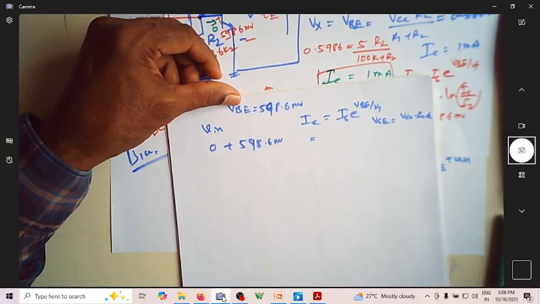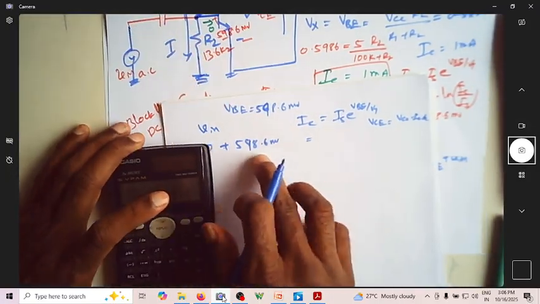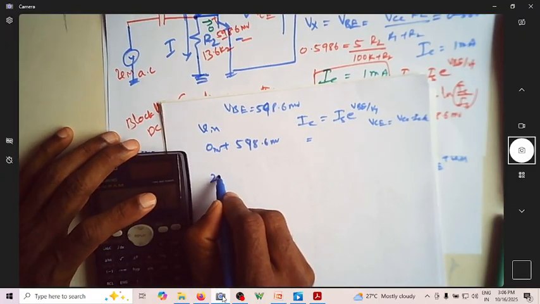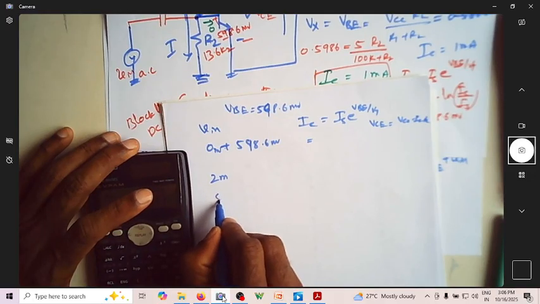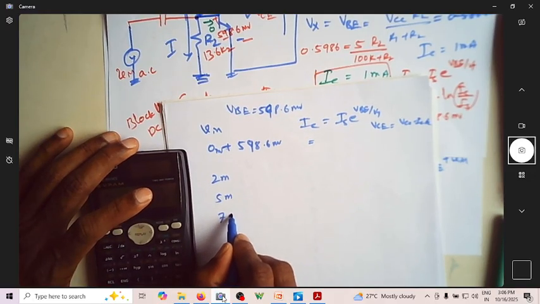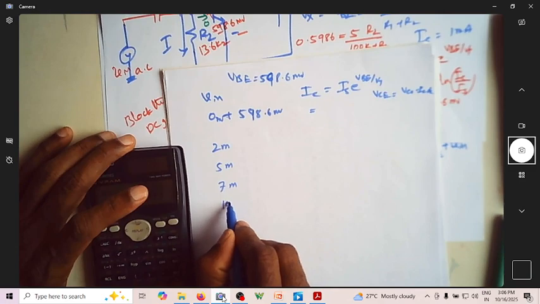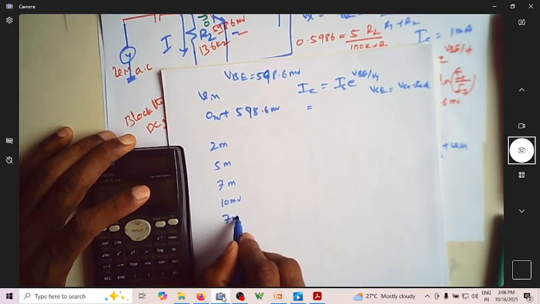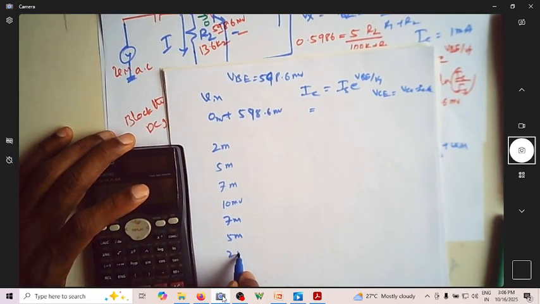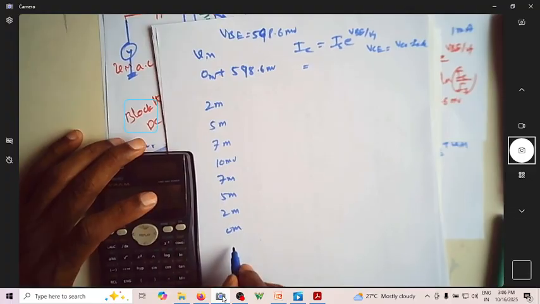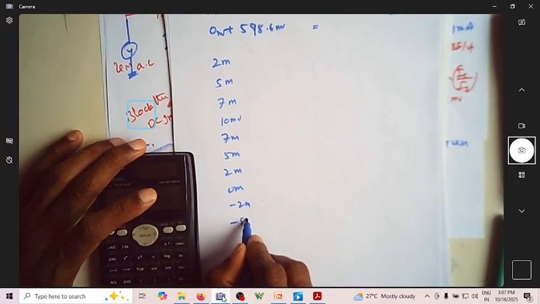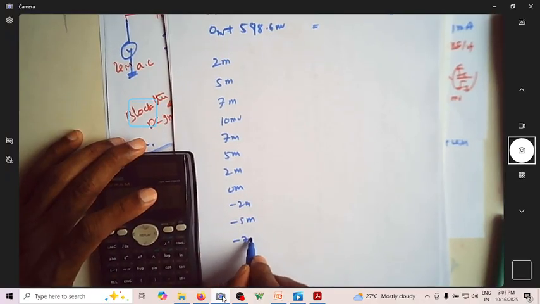So let me just keep finding this. Let me first find for different values of the input: 0 millivolt, 2 millivolt, 5 millivolt, 7 millivolt, 10 millivolt, and this will again repeat. So it is again 7 milli, 5 milli, 2 milli, 0 milli, and then minus 2 milli, minus 5 milli, minus 7 milli, then minus 10 milli.